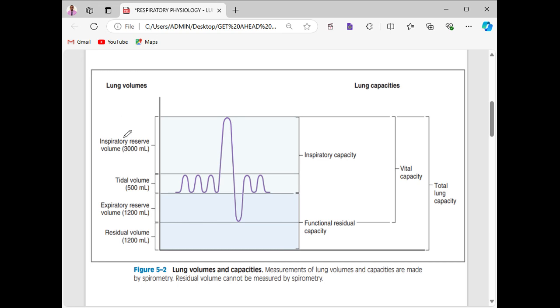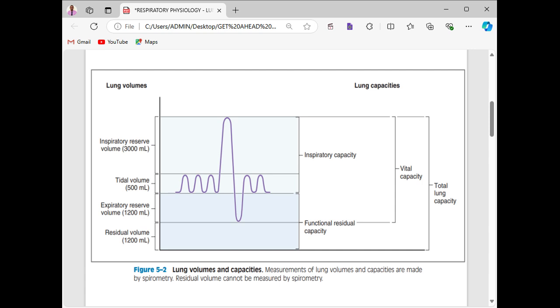These are the lung volumes that we have. We have what we call tidal volume. This tidal volume is the amount of air that moves into the lungs with each inspiration, or the amount of air that moves out with each expiration.